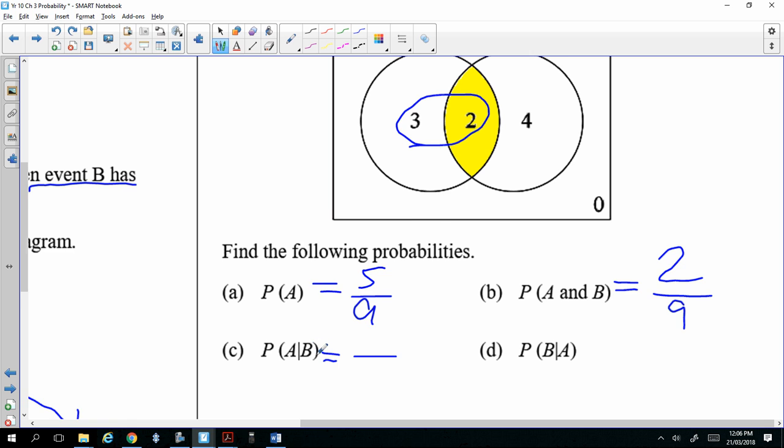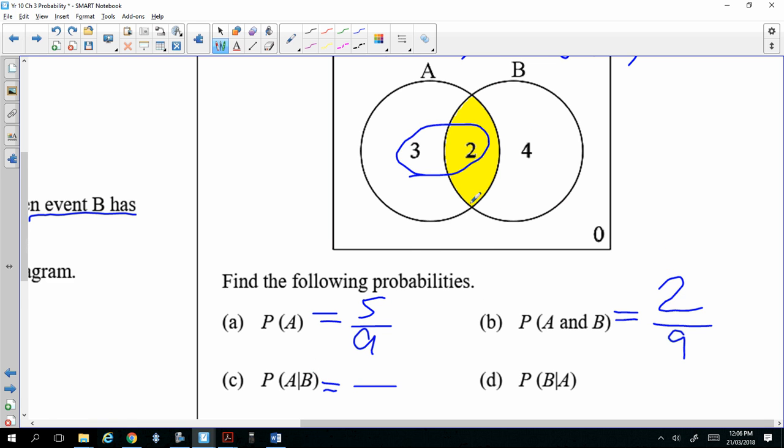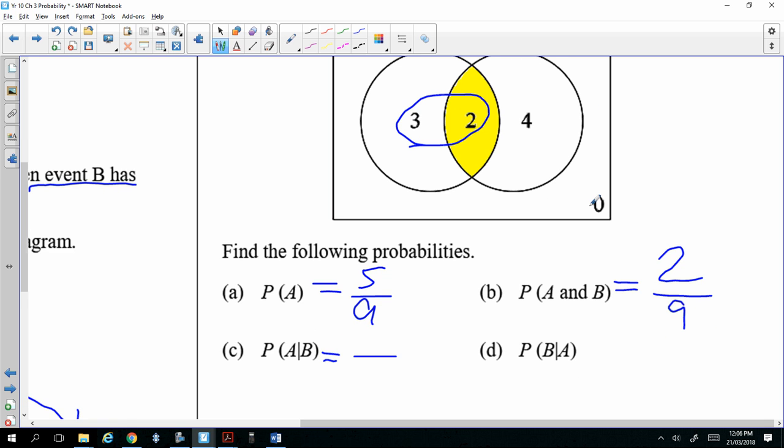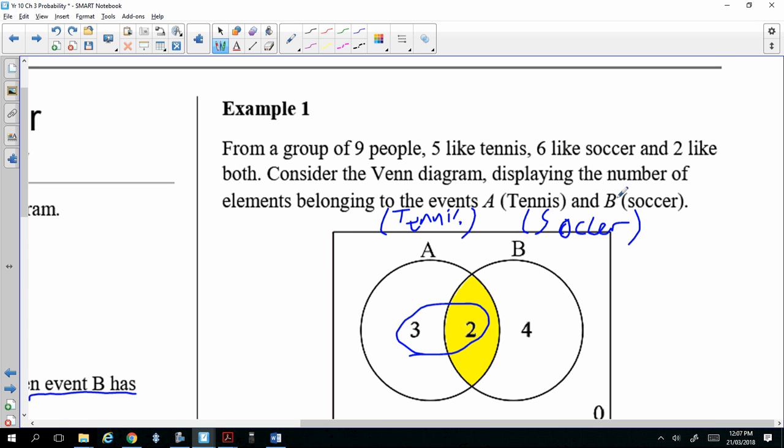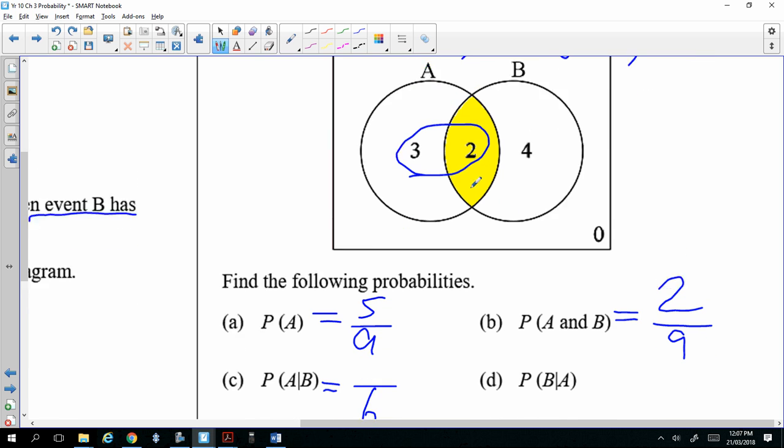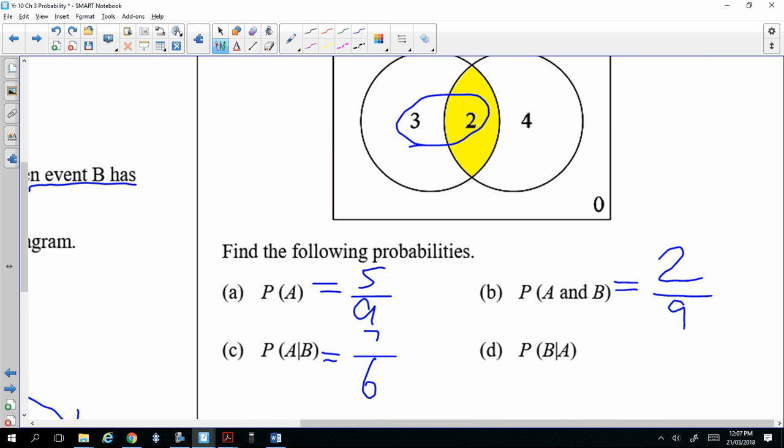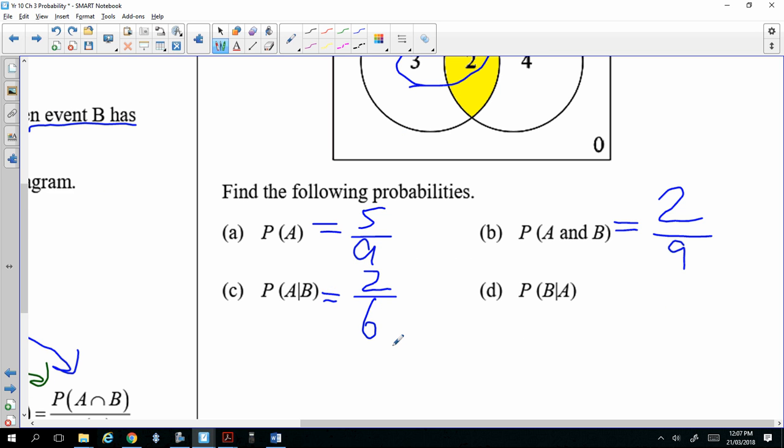Because we already know this person plays soccer, there's only 6 people who play soccer. And out of the 6, there are 2 that play tennis as well. So this is play soccer, and this is also play tennis, given play soccer.